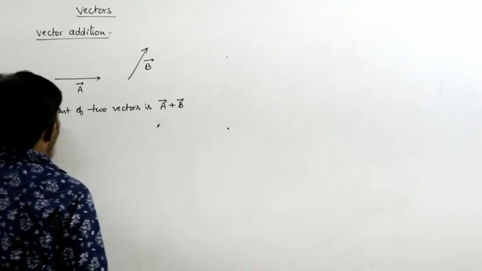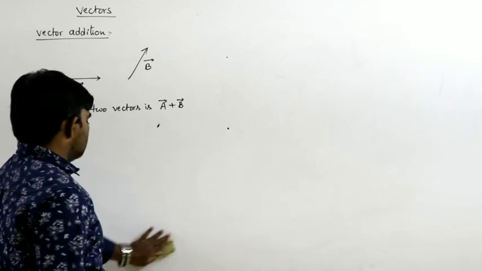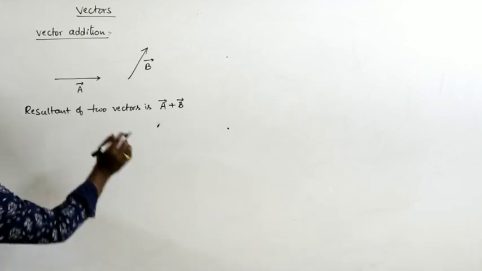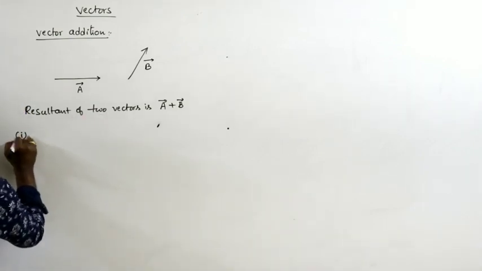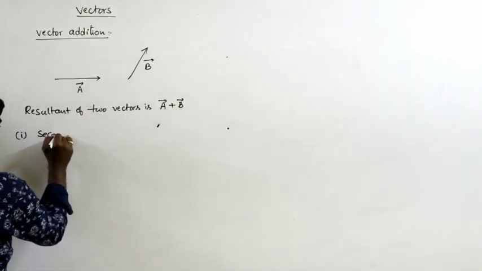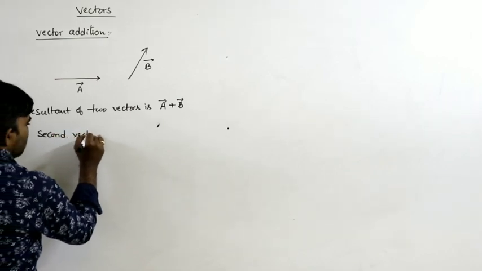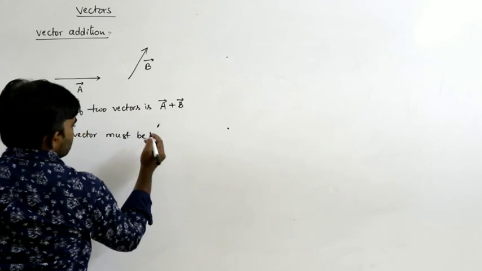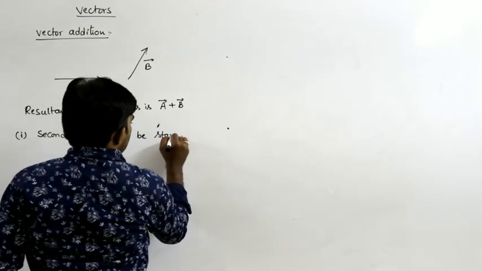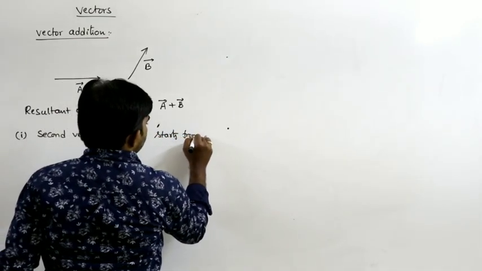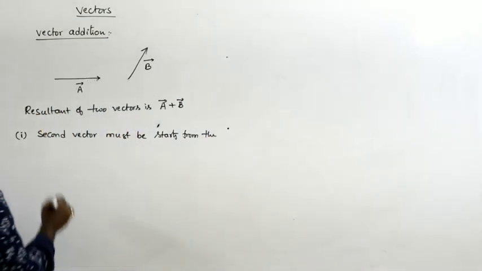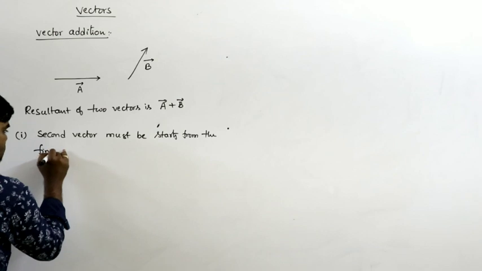To find this resultant, we have to follow three steps. The first step is that the second vector must start from the final point of the first vector.